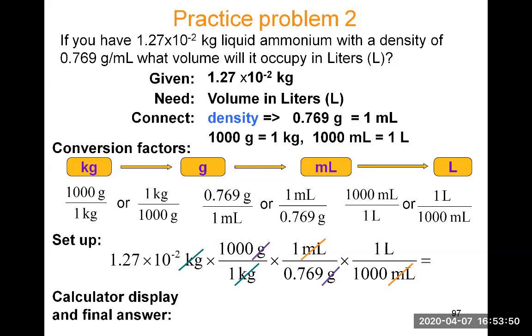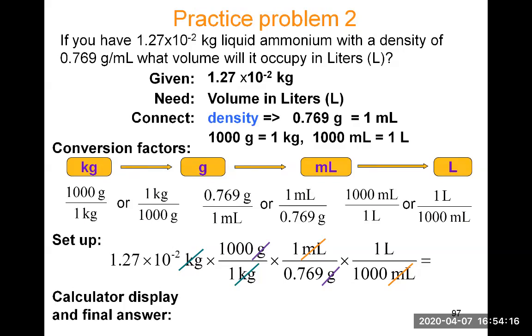So in the calculator, you will type 1.27 times 10 to the negative 2 times 1,000. Multiplying by the ones is not necessary. Next, you need to divide by 0.769 and divide again by 1,000.